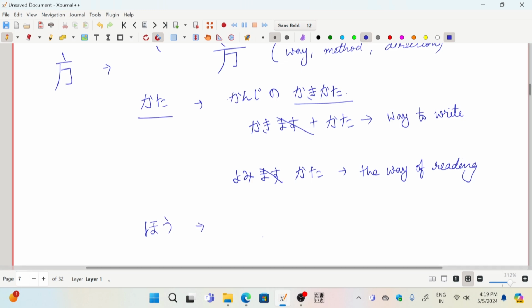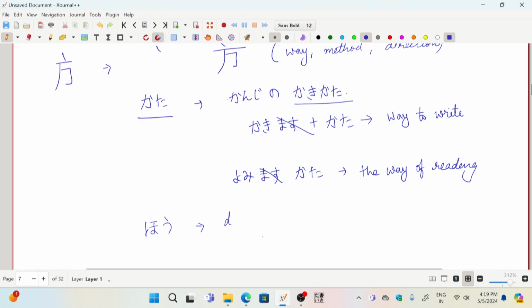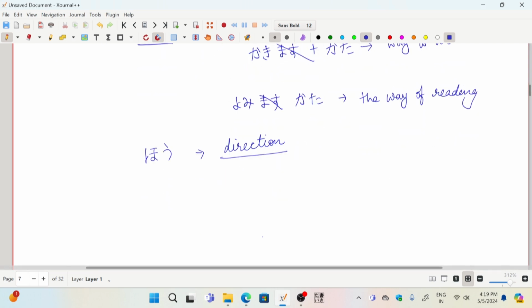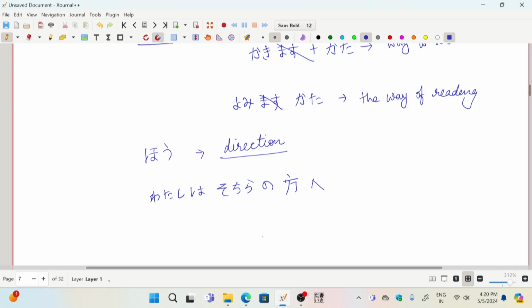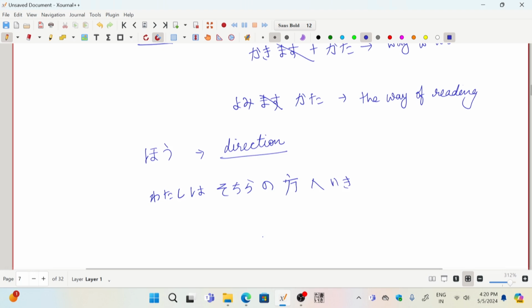Ho is direction. So I am going towards that direction. If we want to say, it will be watashi wa sochira no ho e ikimasu. I'll go towards that direction.